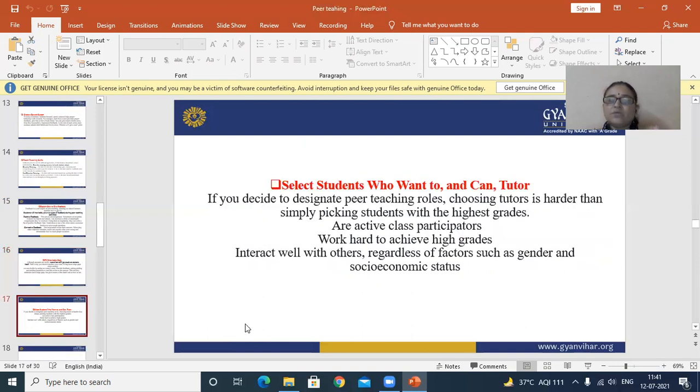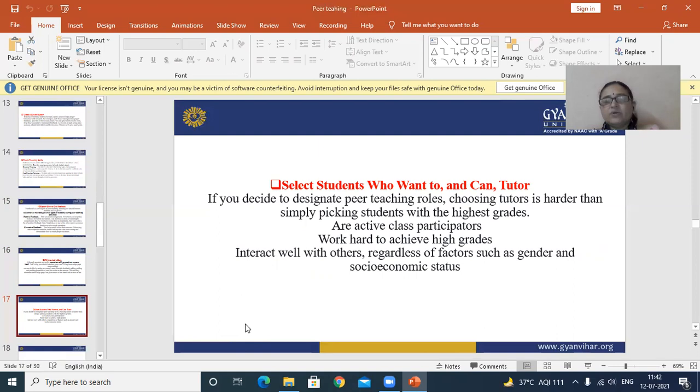Select a student who wants to and can tutor. If you decide to designate a peer teaching role, choosing tutors is harder than simply picking a student with the highest grades.